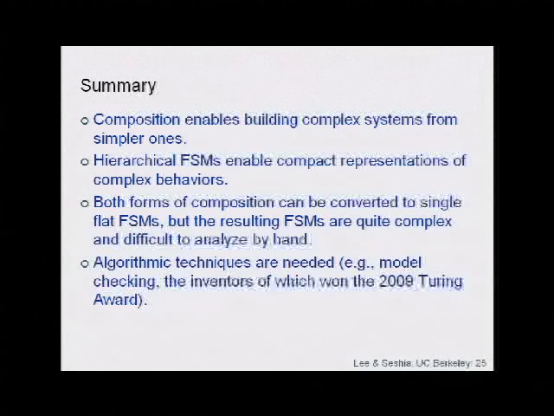And in order to actually check if some property is true or not true, you have to flatten the hierarchical state machine, and you have to take the composition, the cross product. But fortunately, there are tools that do these things for us today. So we'll study these tools in a technique called model checking in April. But for modeling for the human front end, it's convenient to have these ways of composing machines and using hierarchy.